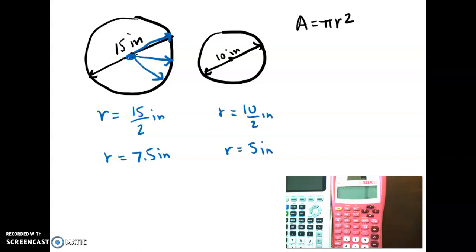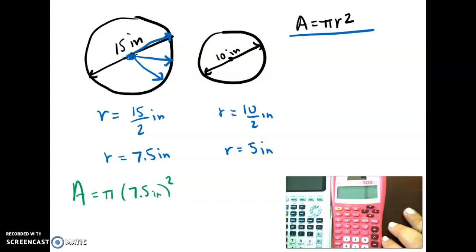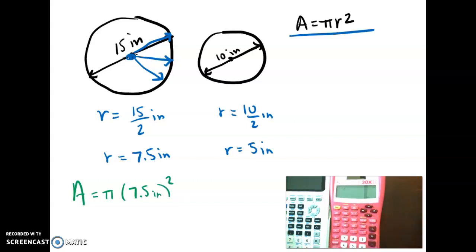So the area, using my formula up here, would be pi times 7.5 inches squared. So when I put that in my calculator, I'm going to use the pi button, because pi is a number.